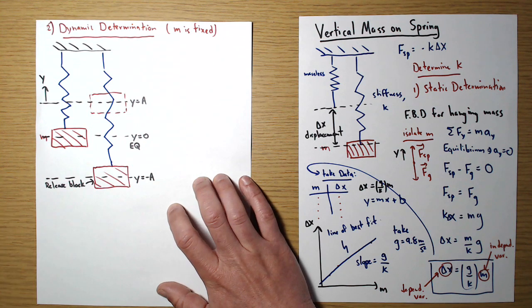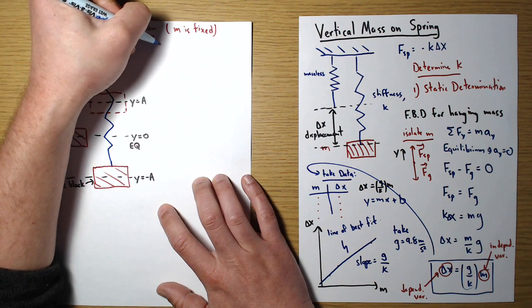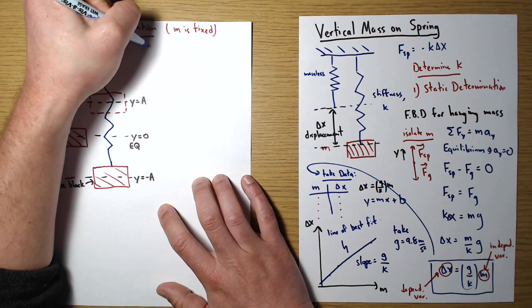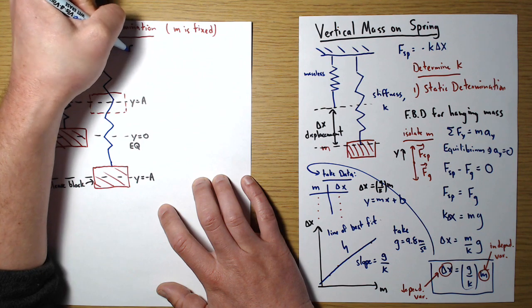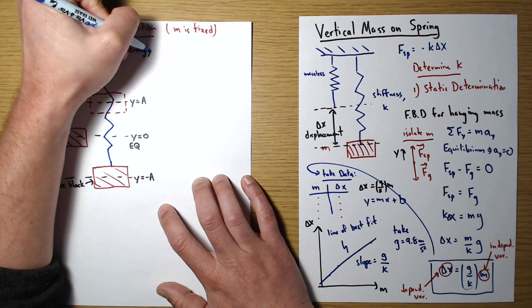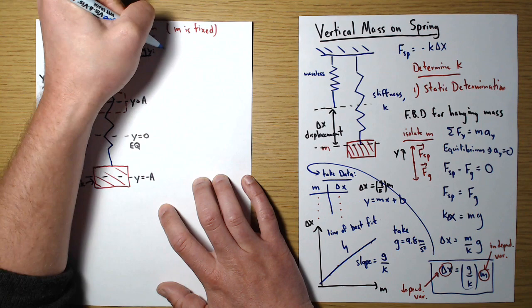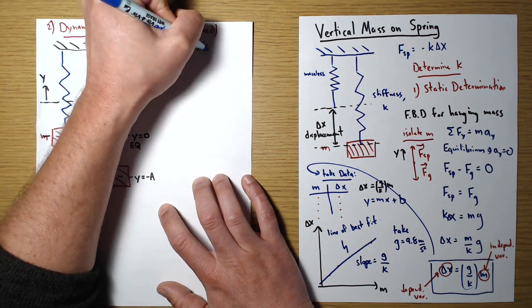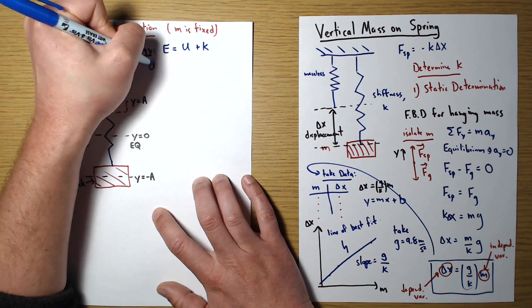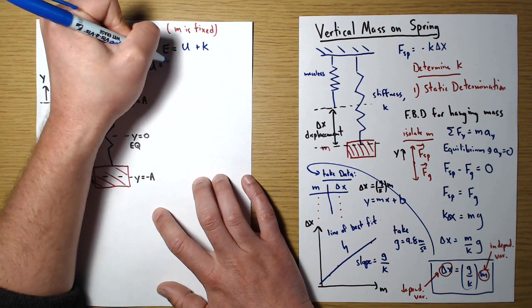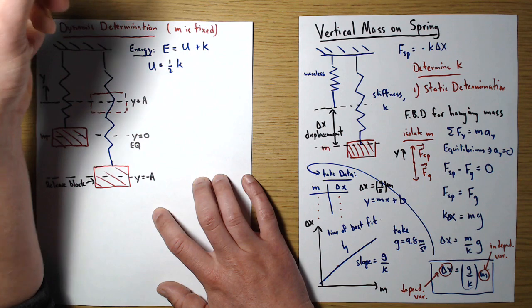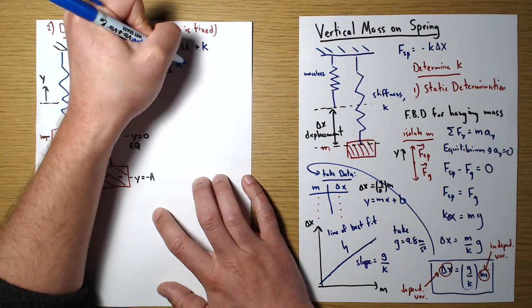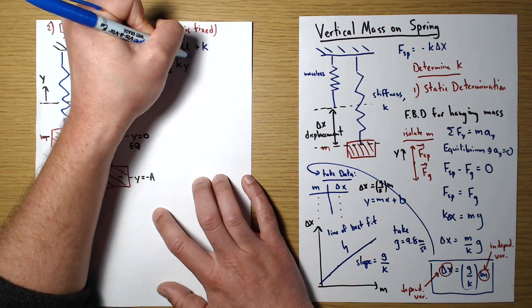So the energy E is equal to potential energy plus kinetic, and the potential energy due to the spring is 1/2 k y squared.